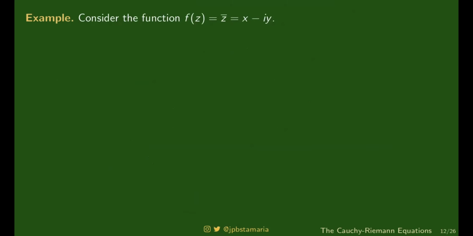Tingnan nyo naman yung function na f of z equals z bar. Okay. What do we know about f of z equals z bar a while ago? Kanina pinag-uusapan natin to. What do we know about z bar as a function? Kanina, yung z bar, anong natutunan natin about z bar?